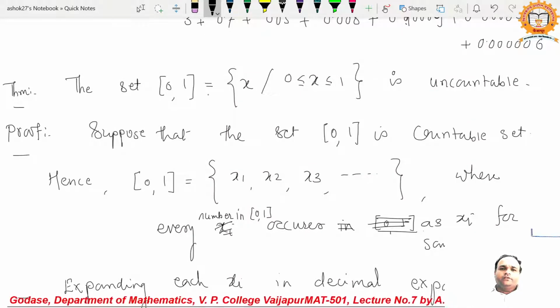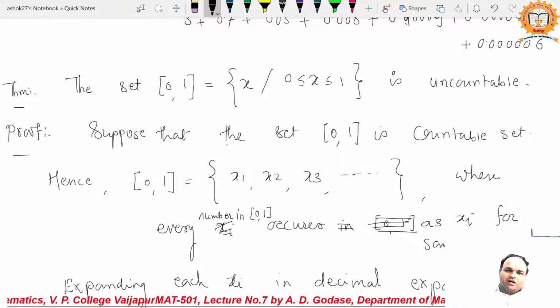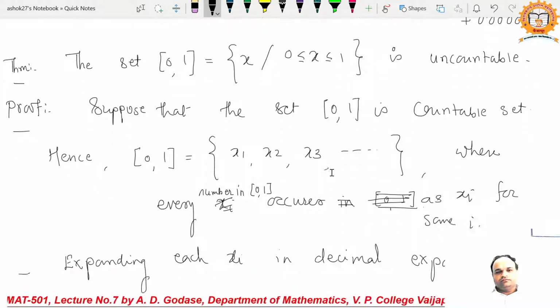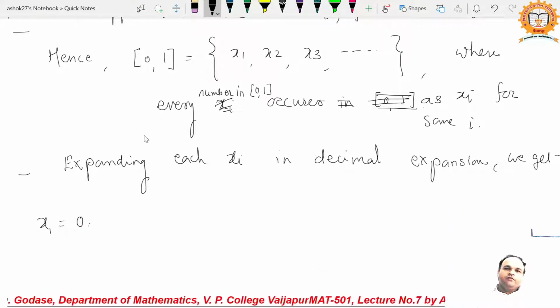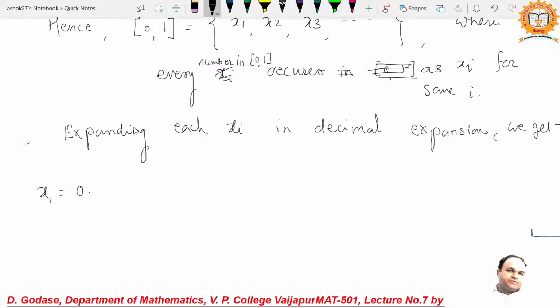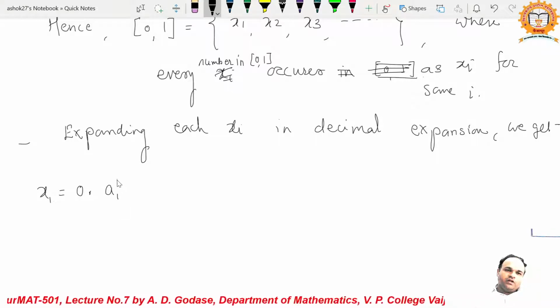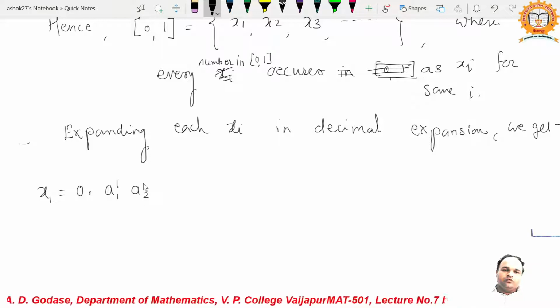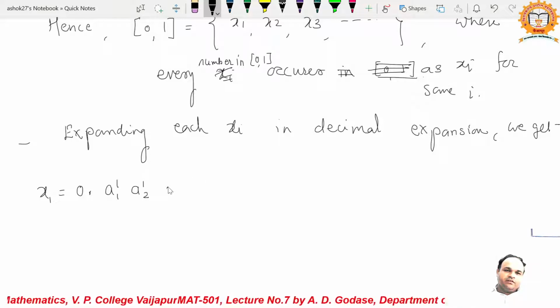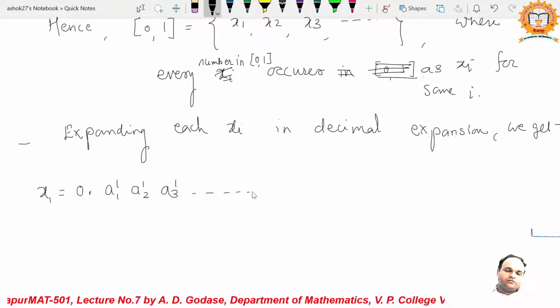I'm taking numbers between 0 and 1; the first number is 0 and the last number is 1, so there is no problem with 0 and 1. Surely I will write x1 as 0 point a1 1, with subscript 1 and superscript 1 because it is the first digit of x1. The second digit I write as a2 1, similarly a3 1, and so on.